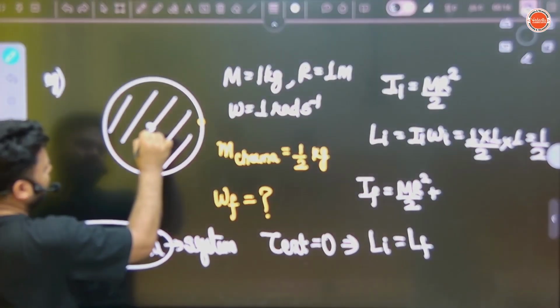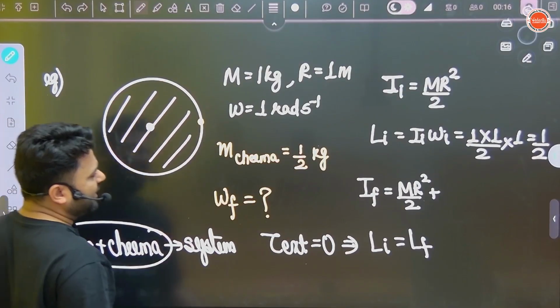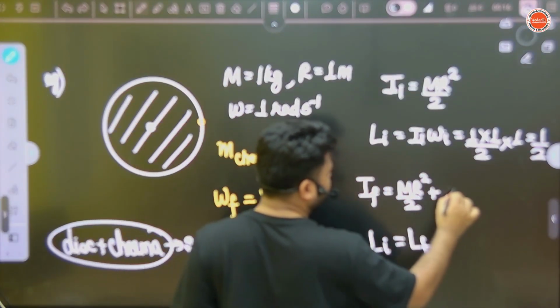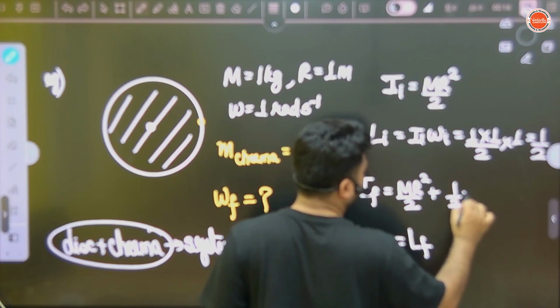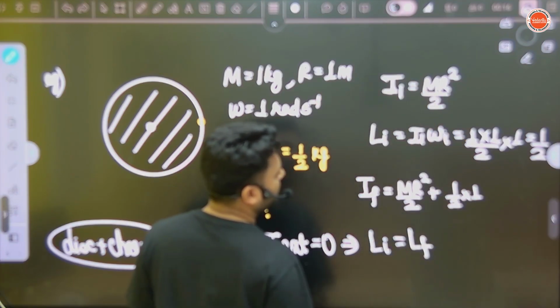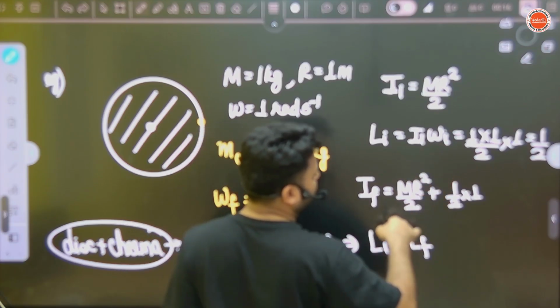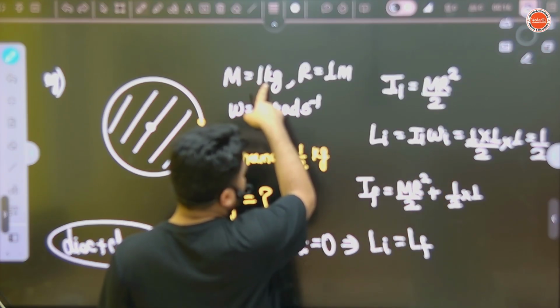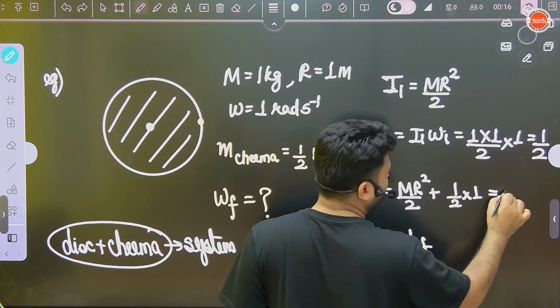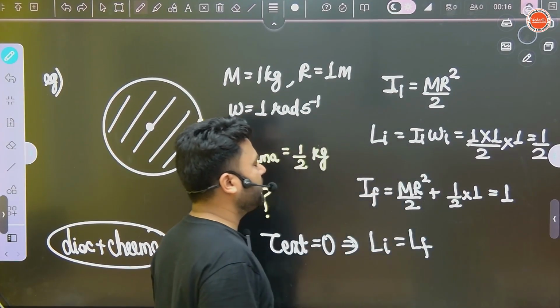This is the center of rotation. What is the moment of inertia? M into R square, mr square. So mass of chima, that is half kg, into radius square. Radius is 1, 1 square is 1. For the CD, mr square by 2, mass of the CD is 1, radius is 1. So 1 by 2 plus 1 by 2, this will be 1.